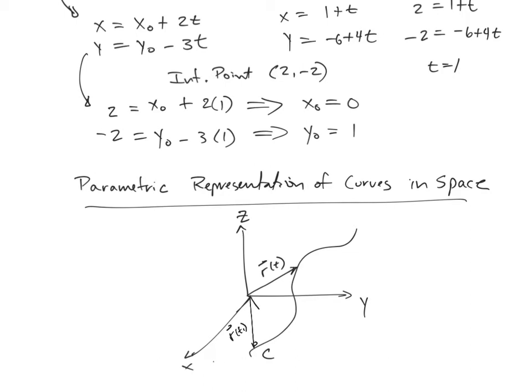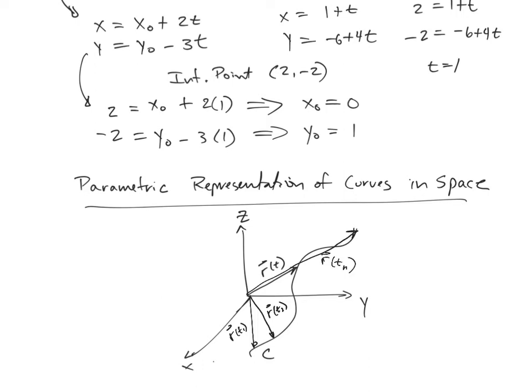At some later point in time, the position vector is going to look like that, r(t2). At some other point in time, it's going to look like that, call it r(tn). Okay, so as t changes, this position vector, which always starts at the origin, the tip of the arrow is going to trace a curve through 3D space.